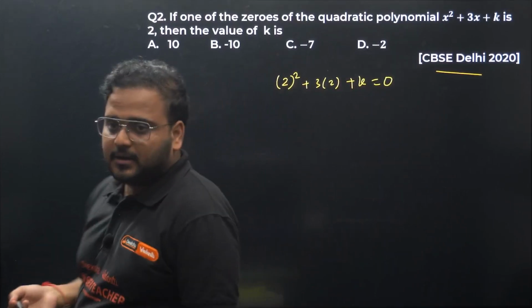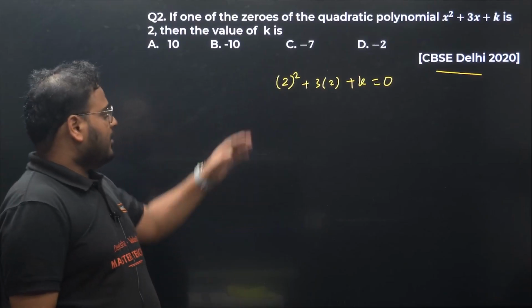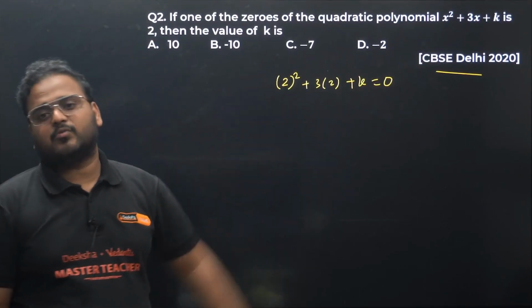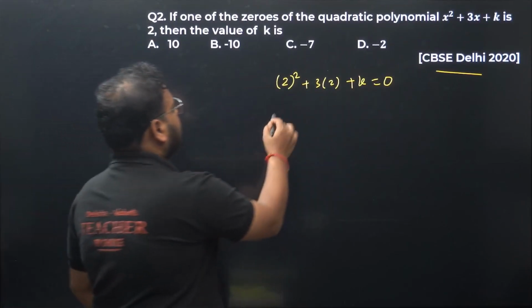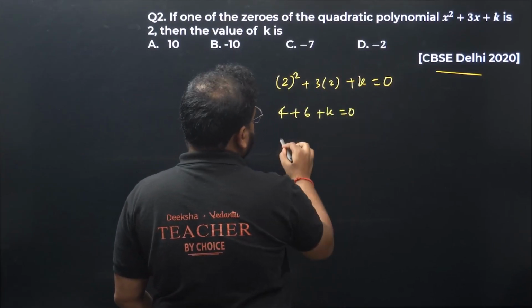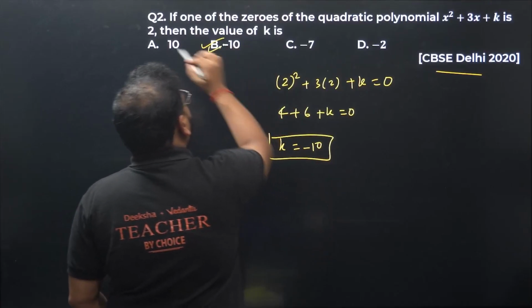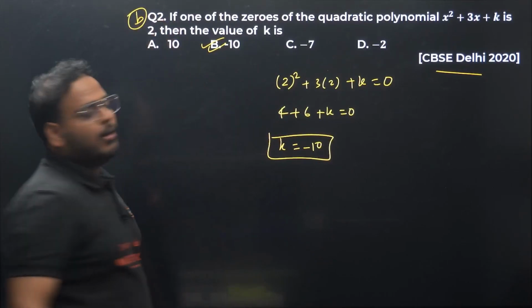So 4 plus 6 plus k equal to 0. It means k equals minus 10. Answer is option B.